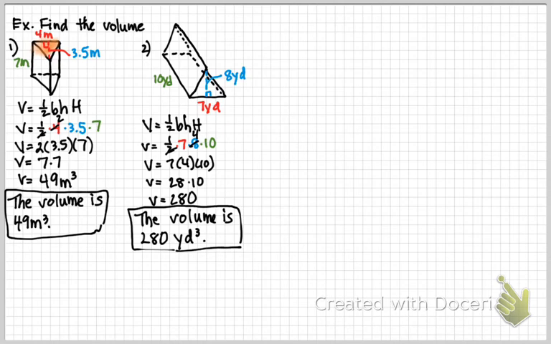All right, and then the last one is finding a missing dimension. So we're going to find the missing dimension. And I think the same thing with rectangular prisms, it's going to be the height of the prism that's going to be missing.